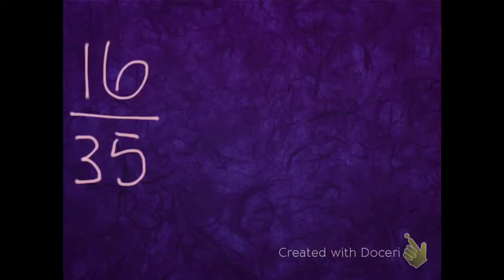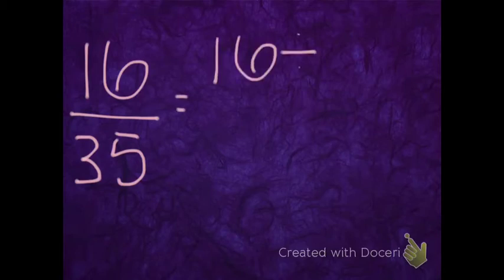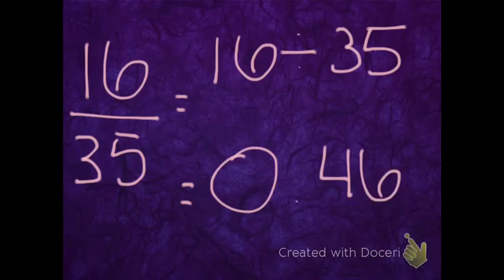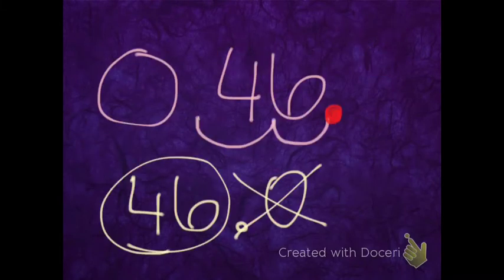The next problem is going to be 16 over 35. To start, you would divide the numerator by the denominator again. And 16 divided by 35 equals 0.46. And so what I did here is that you would move the decimal point.